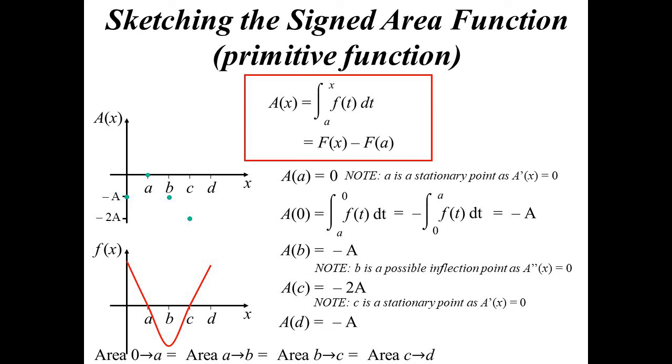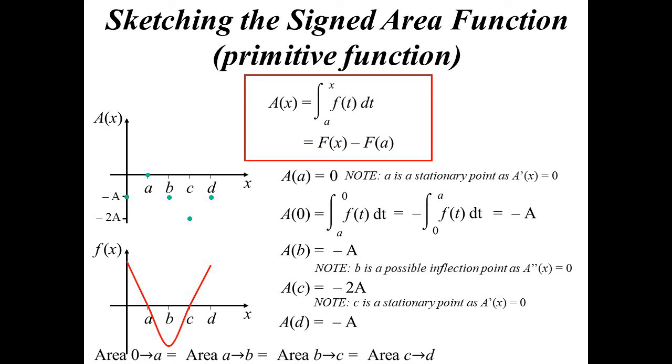From C to D, that's an area of A. So to go from A to D, I've got an area of A below, another area of A below, but then an area of A above. Add that all together, and we get an area of A below. So negative A. So I know that's going to be negative A. Okay, we've got some plots there.